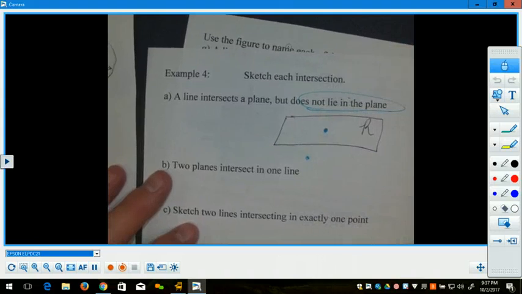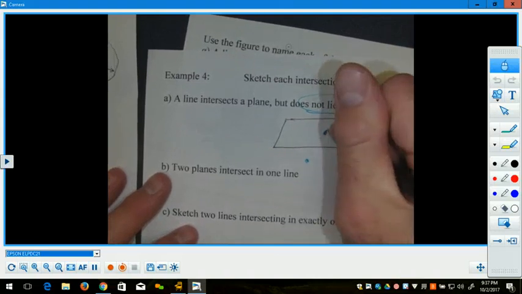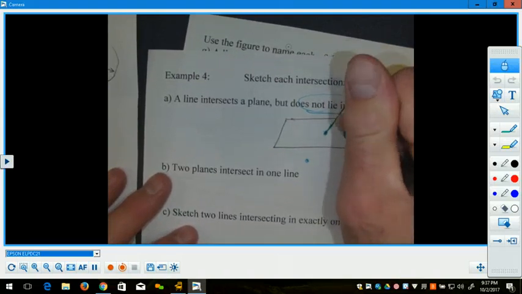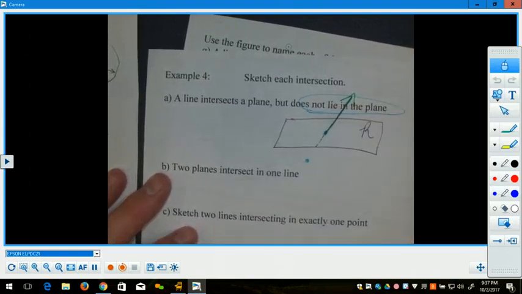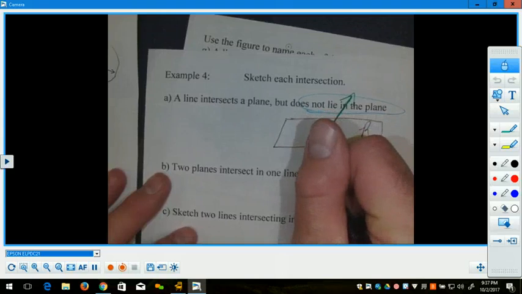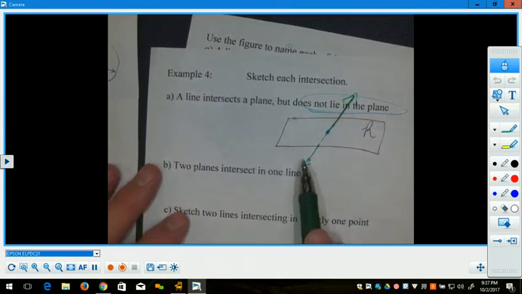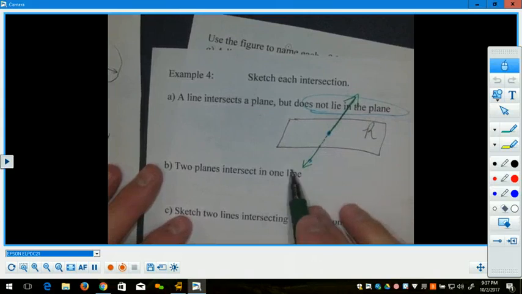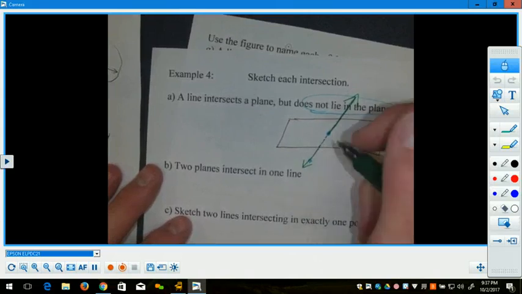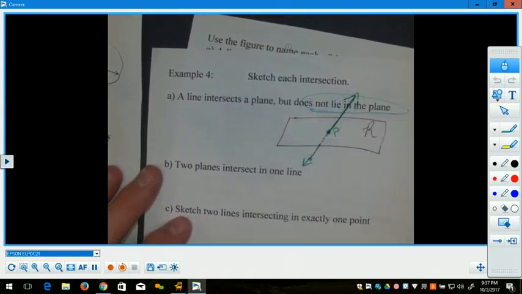When we sketch these, we usually sketch the points above as being a solid line above the plane and dashed lines underneath where we can't see. So this shows us that that line, where we can't see is dashed, is going right through the plane. It intersects it right at that point, point P.